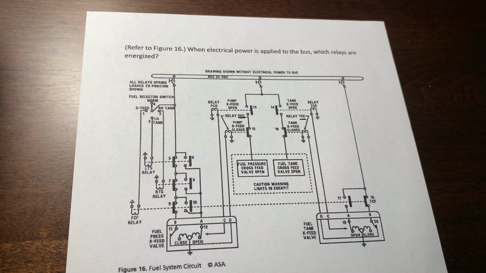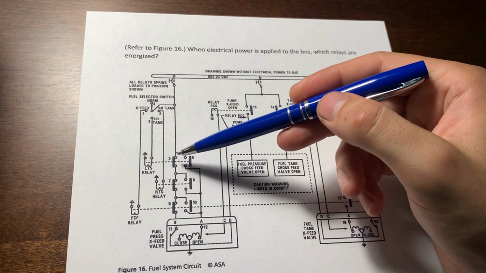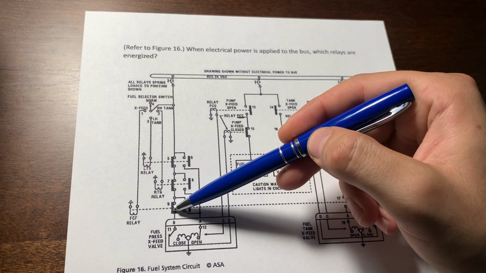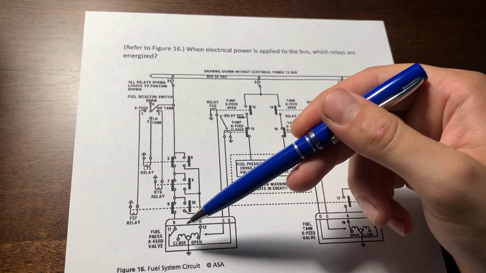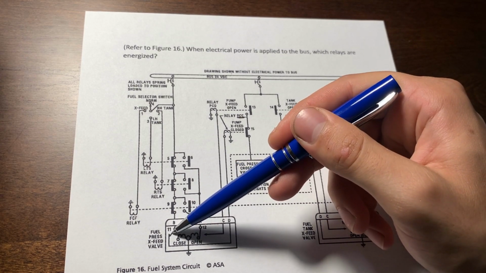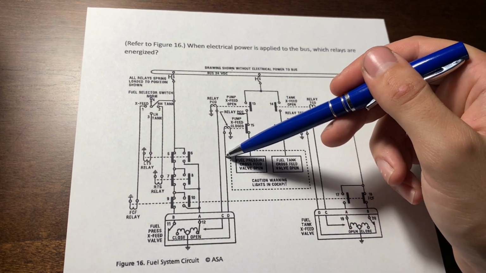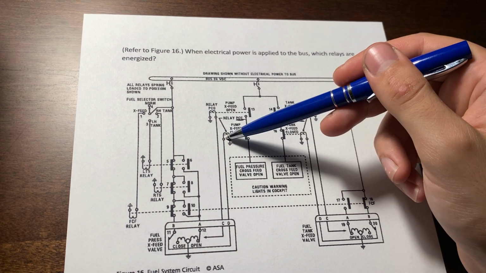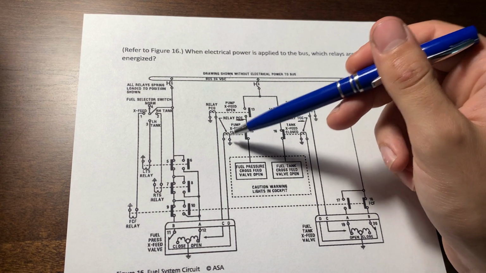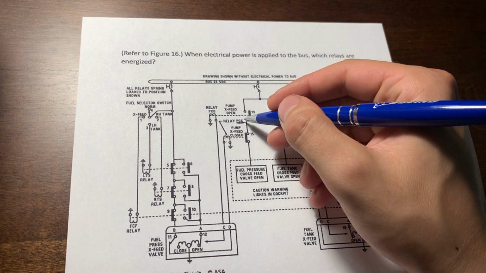So current flows from the bus through the left-hand 5 amp circuit breaker and through contacts 5, 7, 9 into the fuel pressure crossfeed valve through contacts 11, which goes back up into the PCC relay coil, which energizes it.